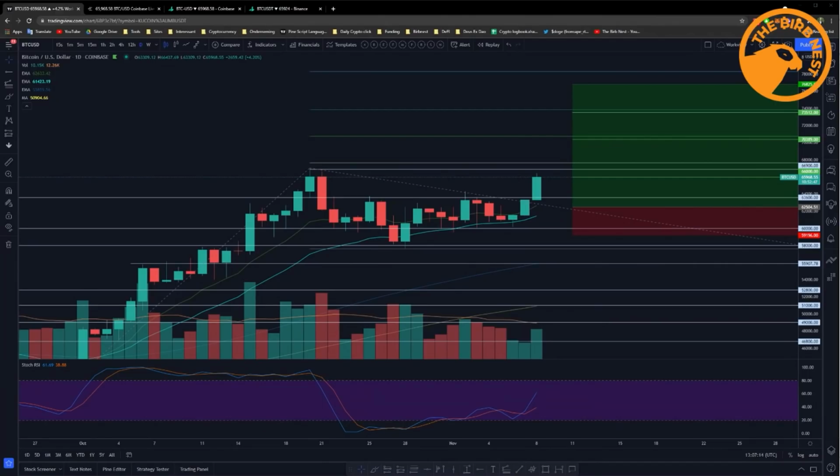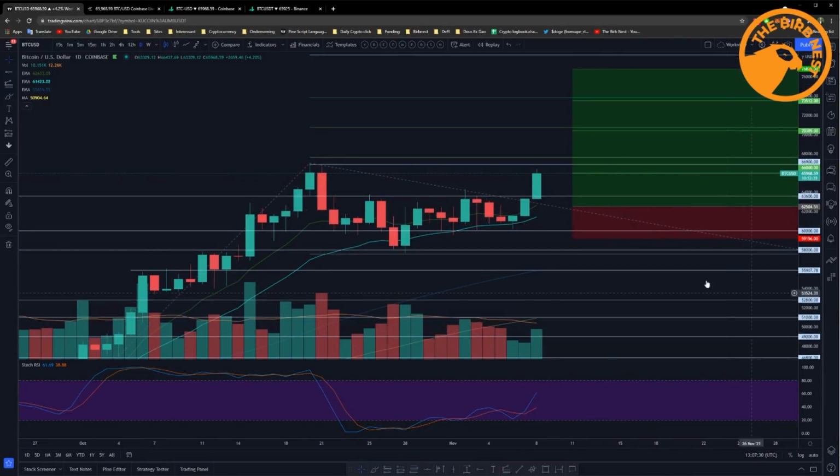We currently see that Bitcoin is breaking out and is moving. It has consolidated for, I think, the last 3 weeks, and I thought it was time for a setup yesterday.